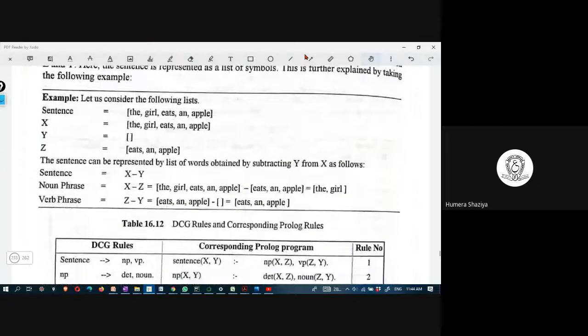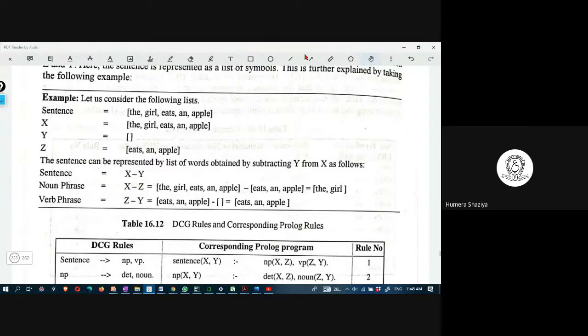Consider this example. If the sentence is "the girl eats an apple", X is "the girl eats an apple", Y is an empty list, and Z is "eats an apple". Separately we have taken the tokens. Now the sentence can be represented by the words obtained by subtracting Y from X, that is X minus Y. Y does not have anything, so the sentence is the same: the girl eats an apple.